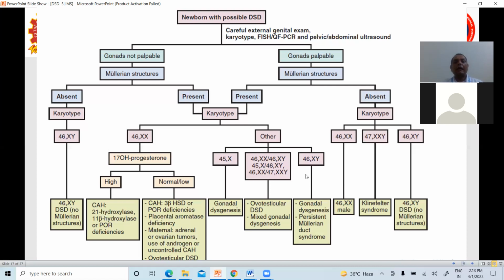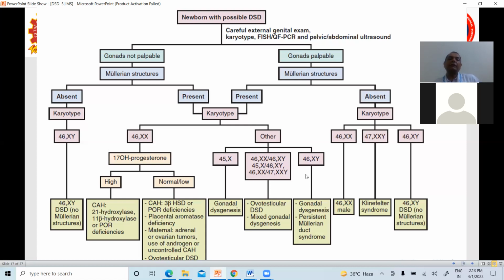If karyotype shows others like 45X, it is gonadal dysgenesis or some other chromosomal abnormality. Ovotesticular DSD and mixed gonadal dysgenesis can occur in 46XY. Then again, persistent Mullerian duct syndrome, Swyer syndrome, and gonadal dysgenesis syndromes. Coming to gonads palpable, you have to look for Mullerian structures.